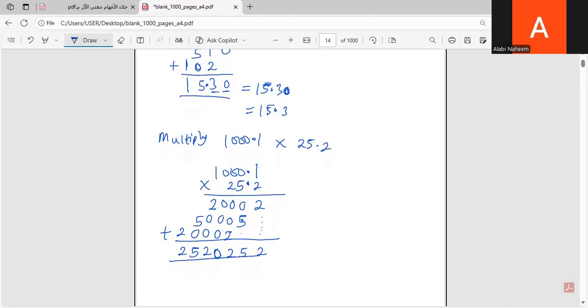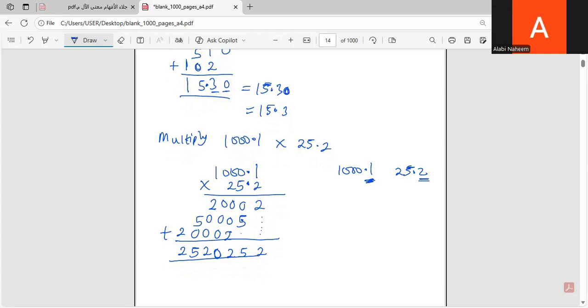So let's check the original numbers. The first number has one digit after the decimal point. The second number has one digit after the decimal point. 1 plus 1 is 2. That means in our final answer, we have two digits after the decimal point.